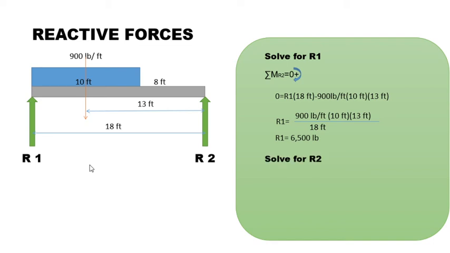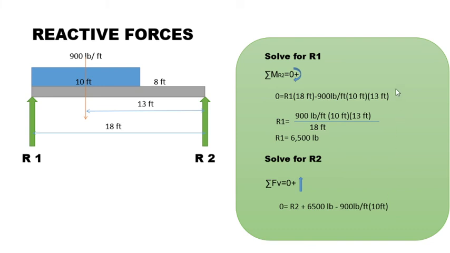Then we're going to solve for R2. It's easy now, we have only one unknown. We're going to use the summation of vertical forces is equal to 0, positive upward. So 0 is equal to R2 plus 6,500 pounds, which is R1, minus 900 pounds per foot times 10 feet, because you're going to cancel this.